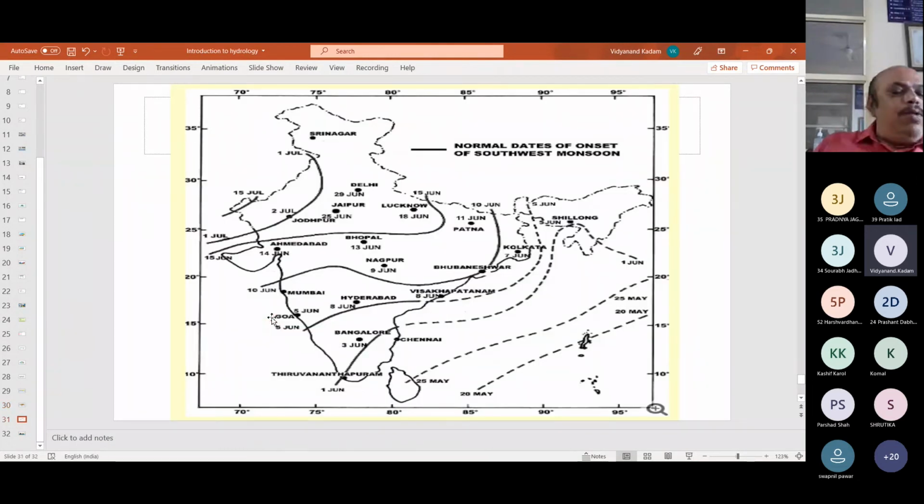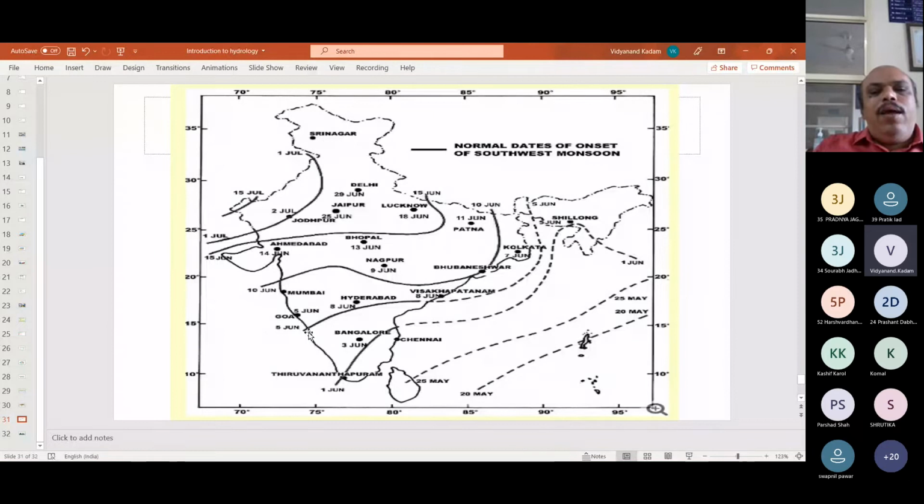Now this is the map which shows the various normal dates of onset of the southwest monsoon. So here we can see on the Kerala coast it is 1st of June.